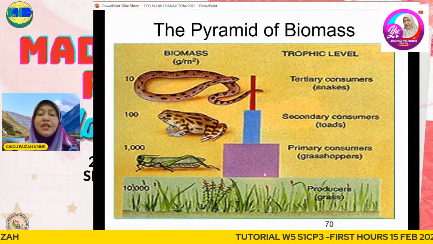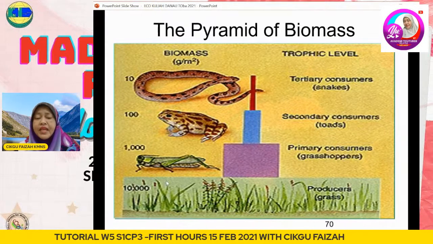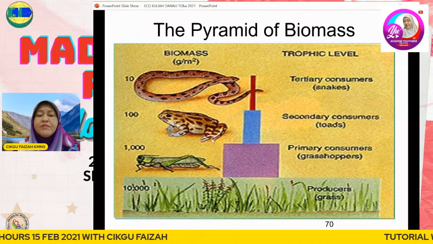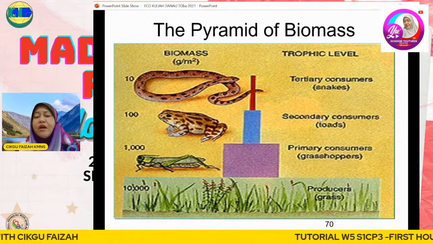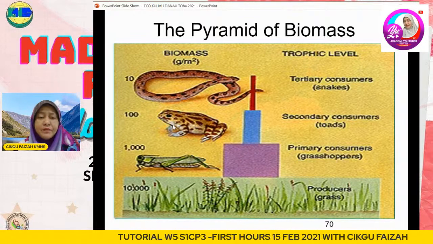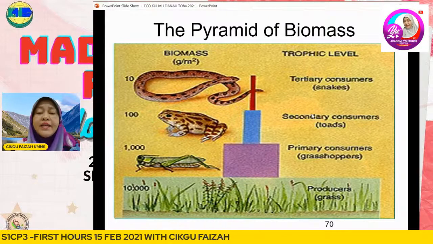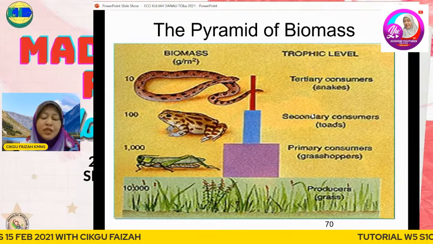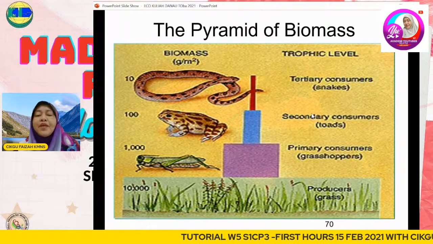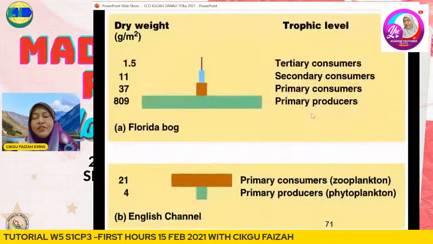So in this example, class, grass is 10,000, followed by grasshopper, the primary consumer, 1,000, and then the frog becomes the secondary consumer, 100 gram per meter square, and then the frog is eaten by the snake. You remember those old songs, okay? Katak bangau, kenapa engkau kurus. Later during the lecture we will sing that song, right? I think everyone has heard it.